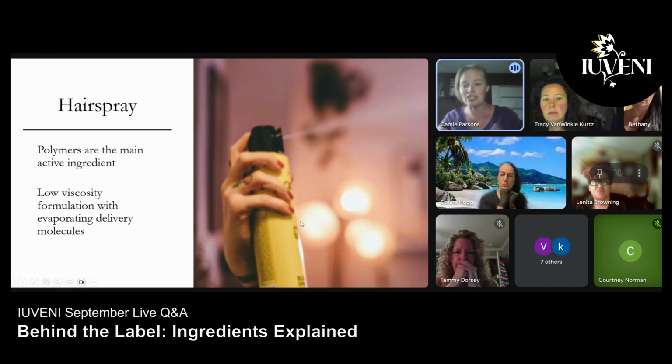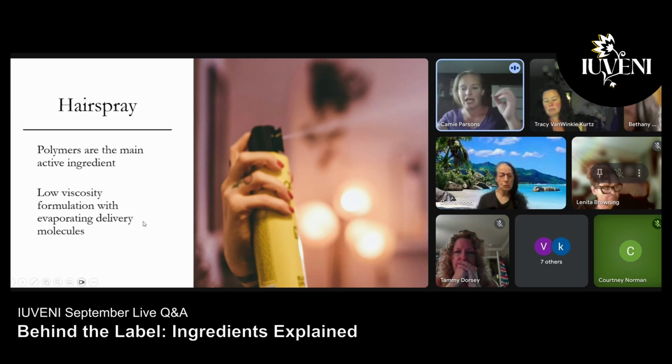However, we still use things that will evaporate quickly and leave just the polymer. Alcohol is a volatile organic compound, so it doesn't mean it's bad. It just means that it will evaporate quickly and leave the polymer. Okay?